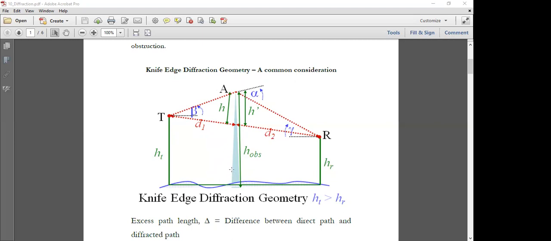Then what would happen? The direct ray is possible then. The free space link is possible. So unlike before, you have a direct ray too. In addition to that, you have a diffracted ray, a ray from the edge of your obstruction.